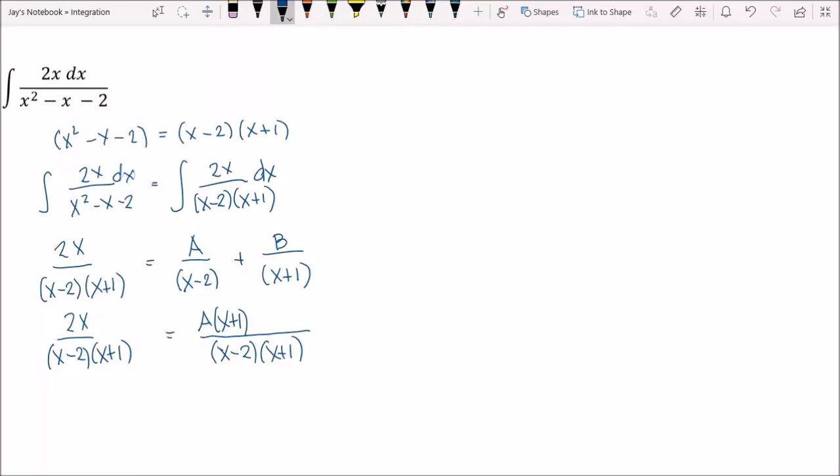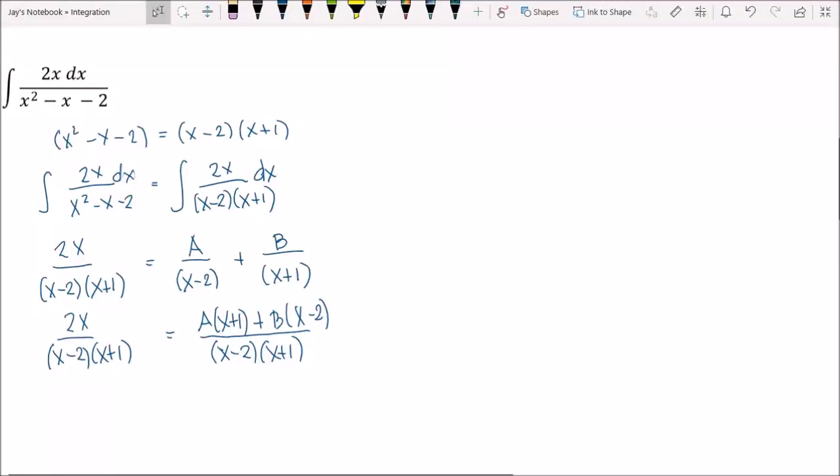Then after this, we have plus b times, the remaining would be x minus 2. Okay, so we knew that they have common denominator. We have 2x over x minus 2 times x plus 1. And we also have the denominator at the right side, x minus 2 times x plus 1.